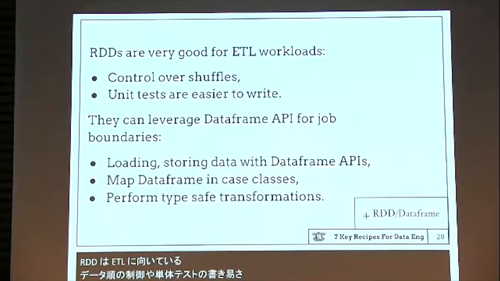In one of the RDD jobs, we are mapping 400 fields with RDDs over a hierarchy of case classes, and this kind of job with a lot of fields and complex business rules would not have been possible without the full Scala type system, where you know what you are doing and you are able to unit test every function that you are writing.